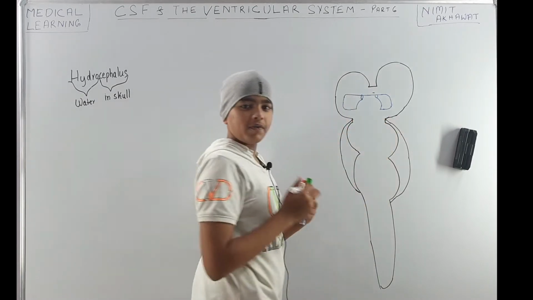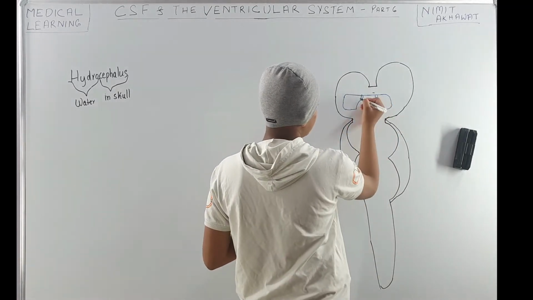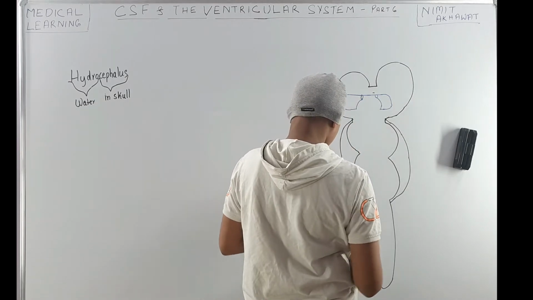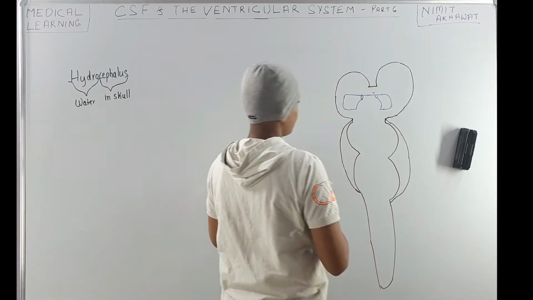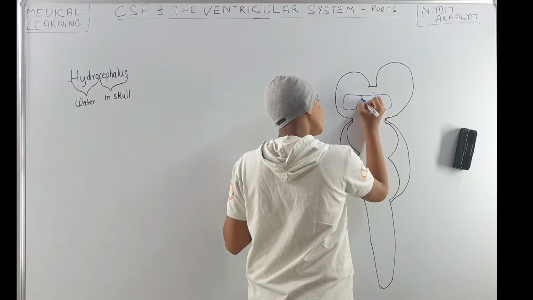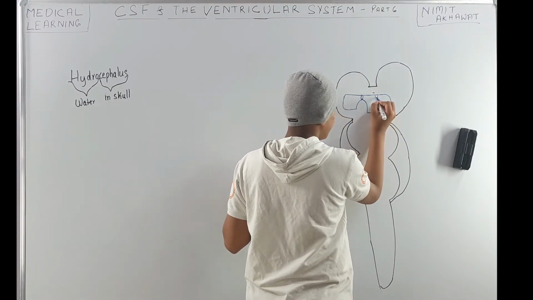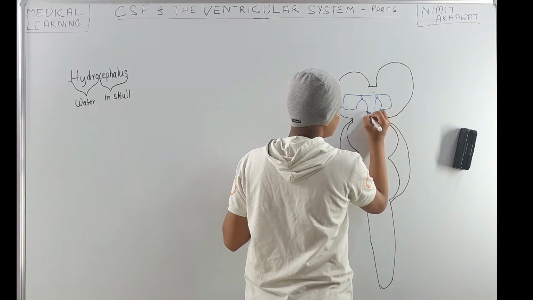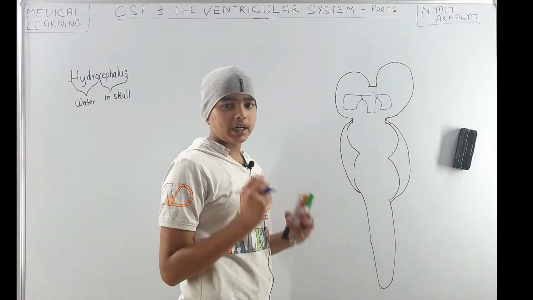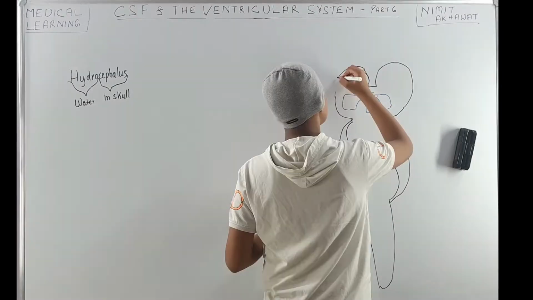The opening of the lateral ventricle is called the foramen of Monro. And the foramen of Monro is connected with the third ventricle, which is the second cavity to produce cerebrospinal fluid.